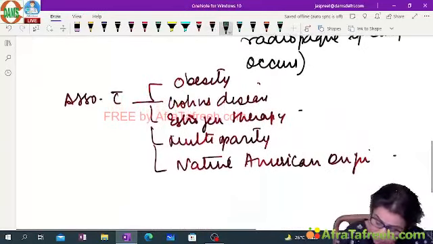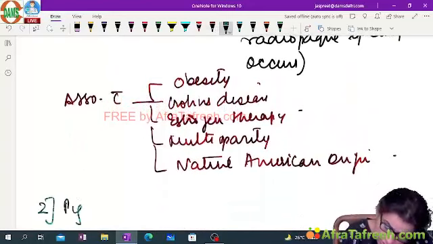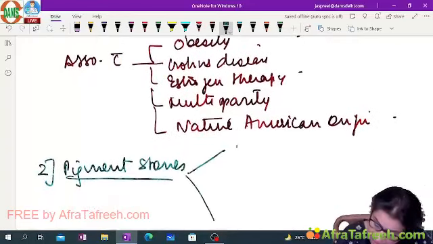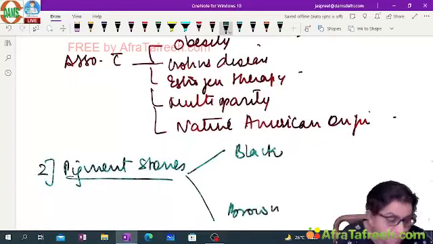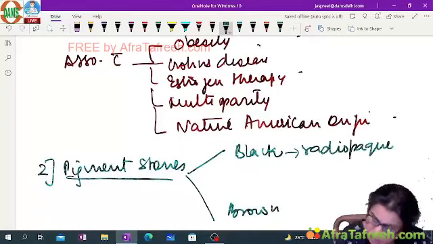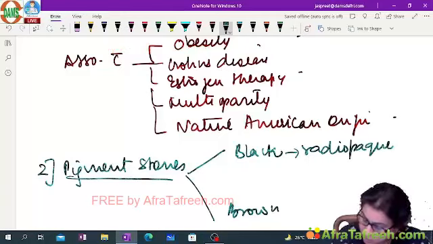The second type of gallstones are pigment stones. Pigment stones can be black or brown in color. Black stones are radio opaque, and they are composed of calcium bilirubinate.